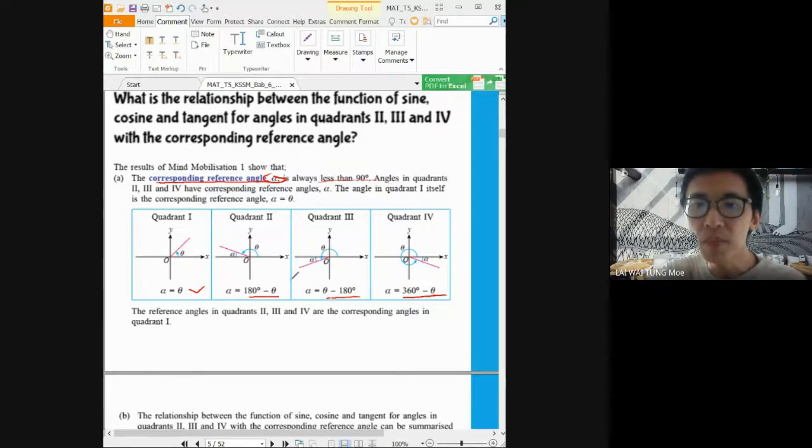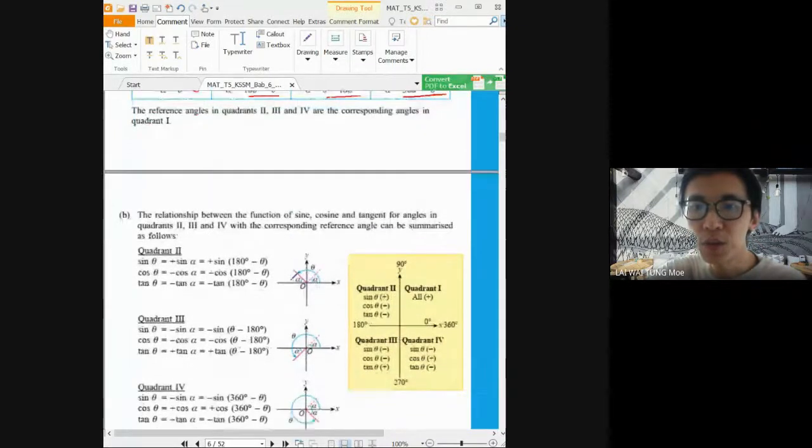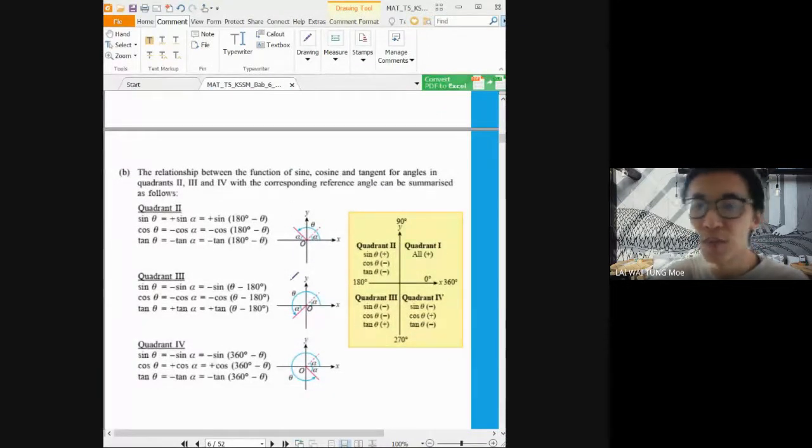Next, you need to know for each quadrant whether sin, cos, and tangent are positive or negative. Is the value positive in the first, second, third, or fourth quadrant?